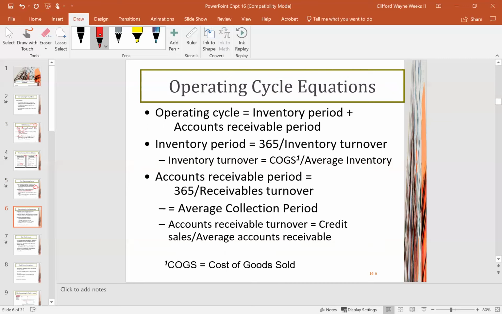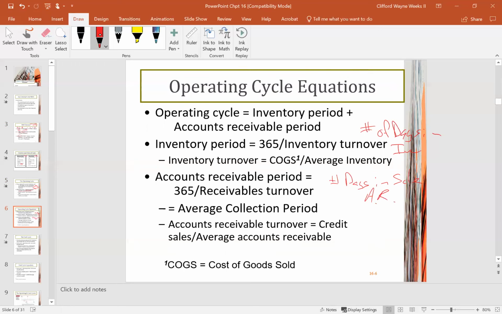We referred to it in Accounting 201 or 202 as the number of days in inventory, and down here the number of days in sales of accounts receivable, something to that effect.